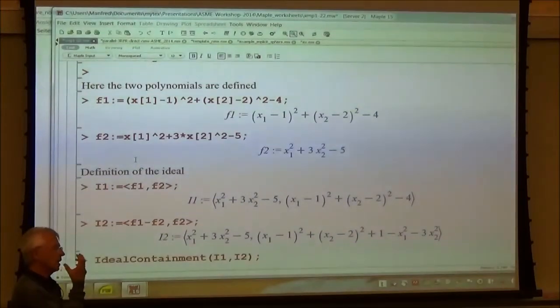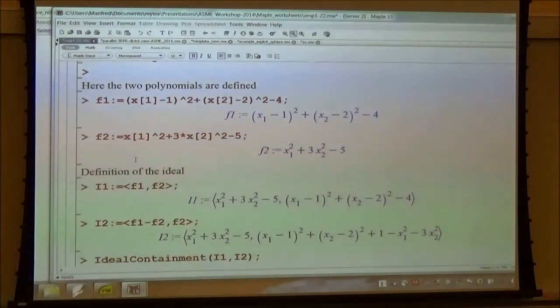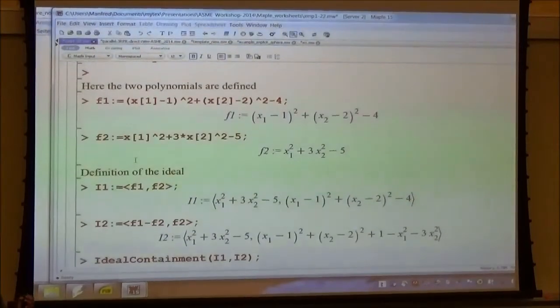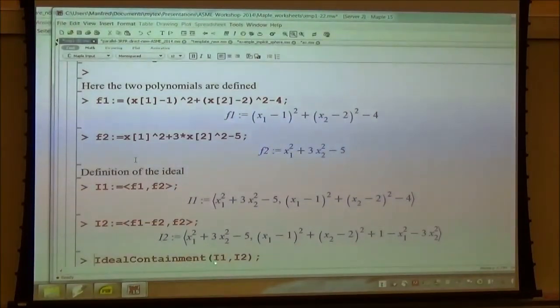But what do we have to check? When are two ideals the same? When every polynomial of the first ideal is contained in the second ideal, and vice versa. And we can check this ideal containment. We are asking here, is the ideal I1 contained in I2?